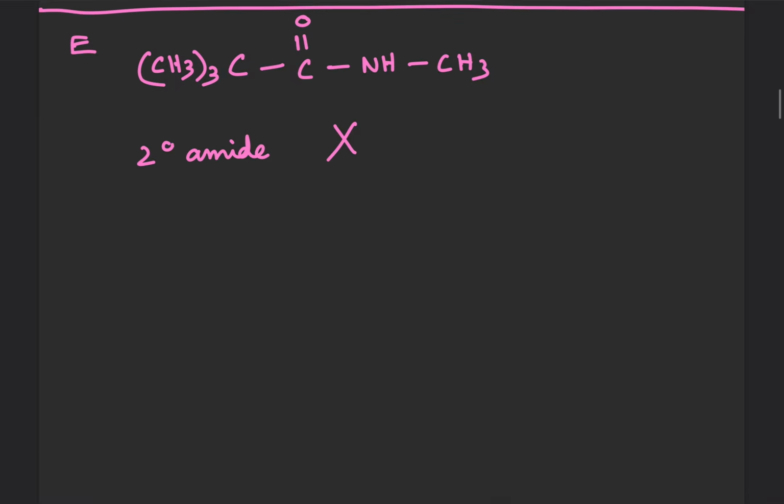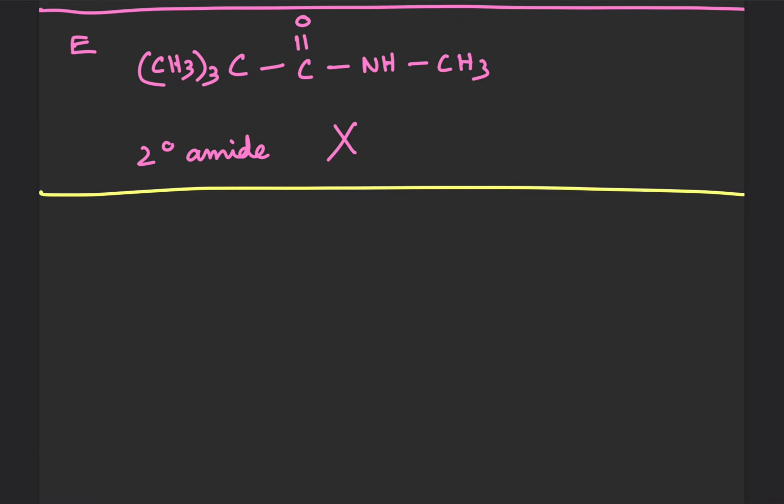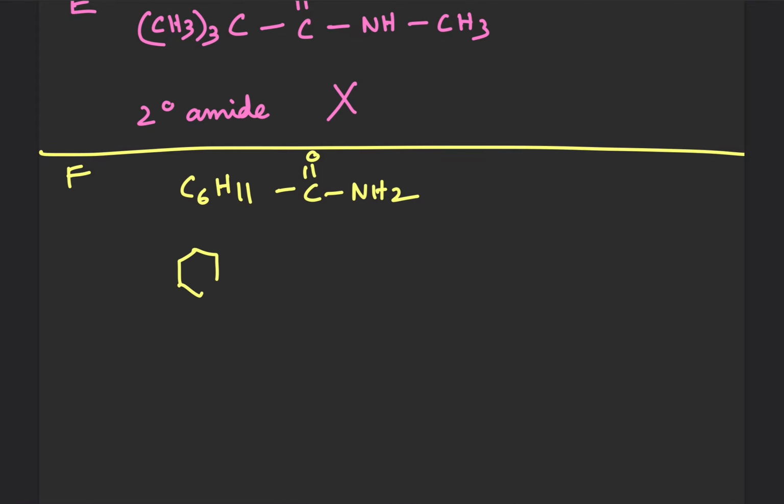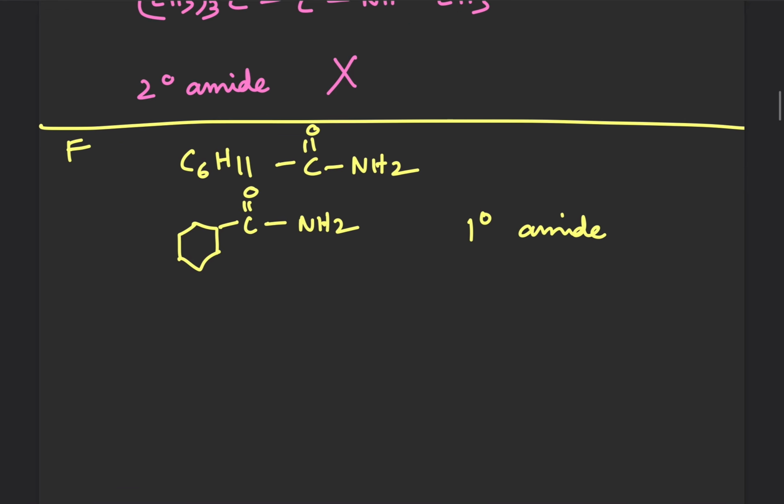And then we have compound F, which is C6H11, C double bond O, NH2. Okay, or we can also represent it like this: C double bond O, NH2. So it's a 1-degree amide as nitrogen is attached to one carbon.